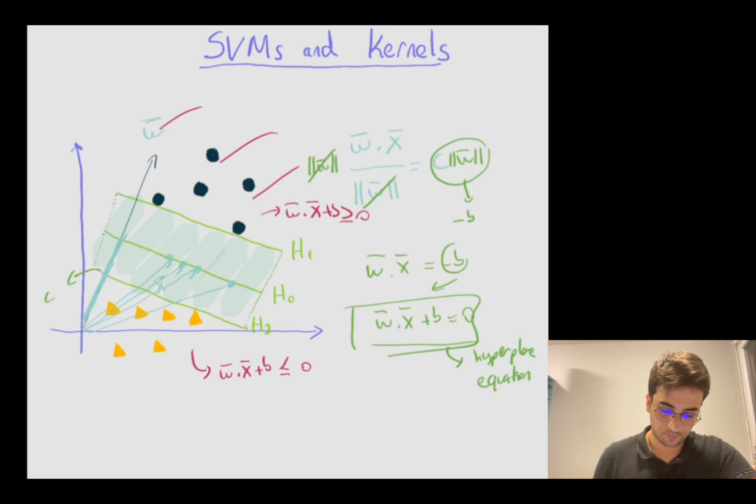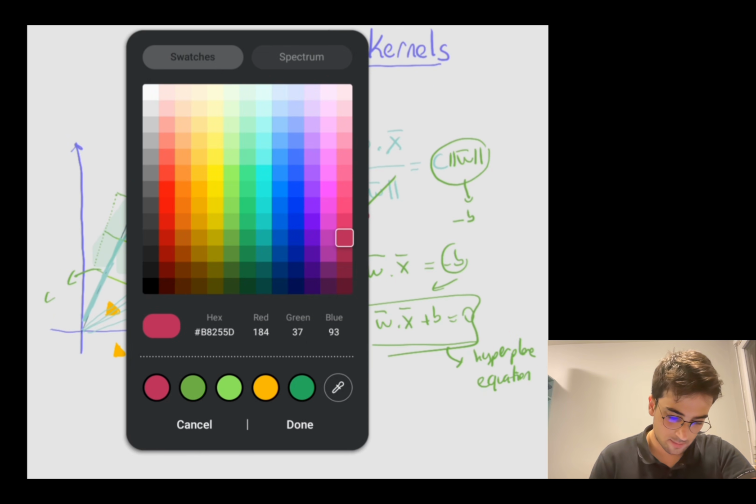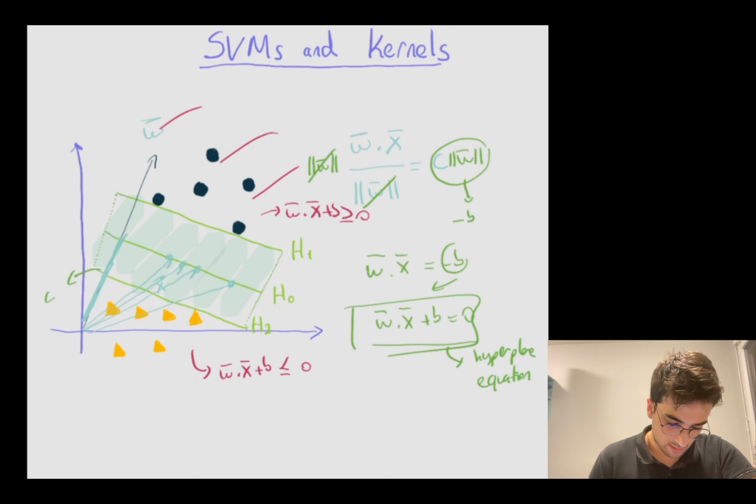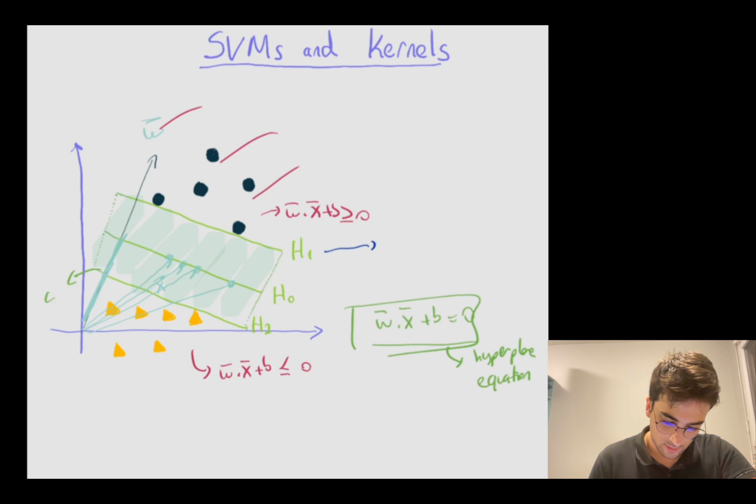Okay, so also for this one and this one, we can identify them using basic analytical geometry. Let me take another color. Okay, so maybe we can delete these ones. I already showed you how it comes, right? This is the hyperplane equation. For this one, let's say w again, of course, times x plus b equals k, right?